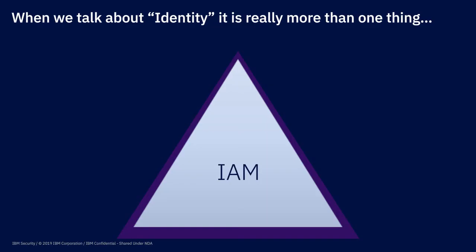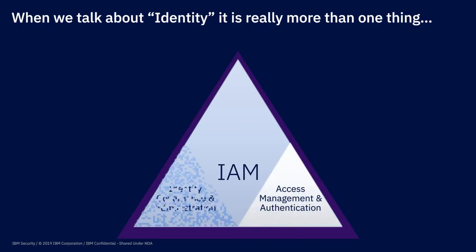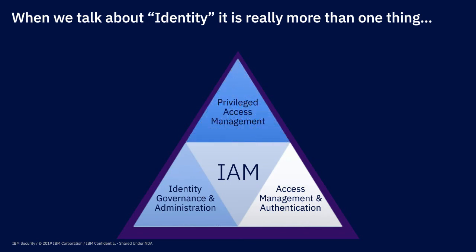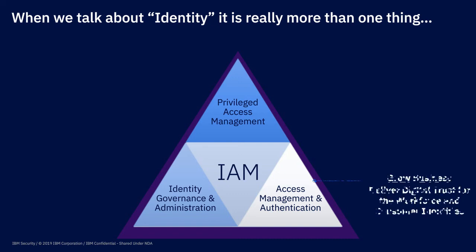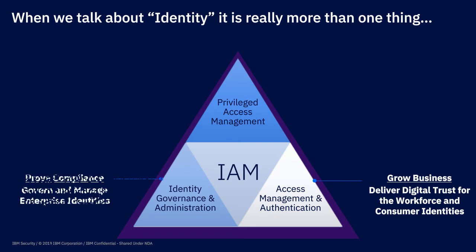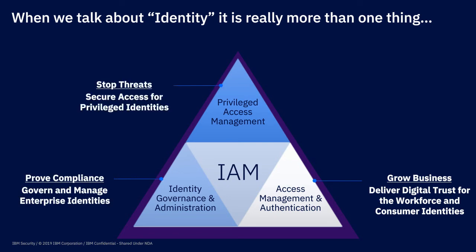So when we talk about identity, it's really more than one thing. And here at IBM, we think of it as many organizations are trying to solve challenges related to IAM without really understanding the pain points and the life cycle of different users accessing their network and devices. As a regular employee, an administrator, and a consumer, they will all have very different journeys and needs.